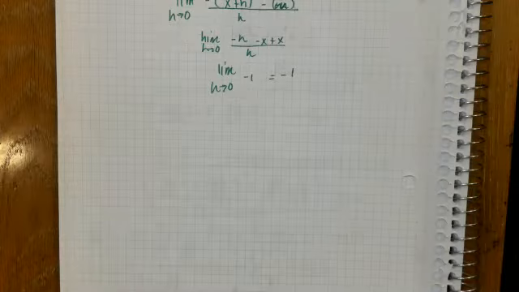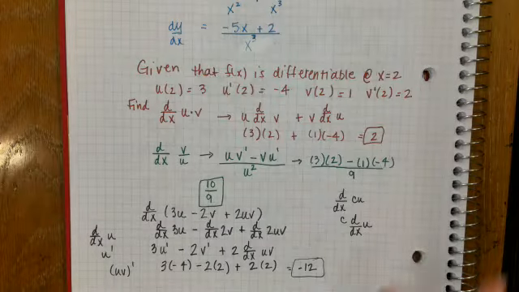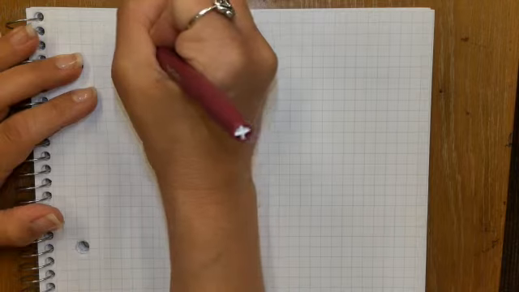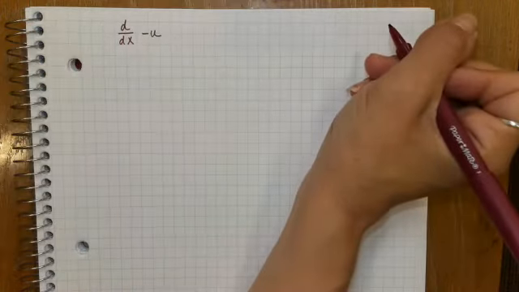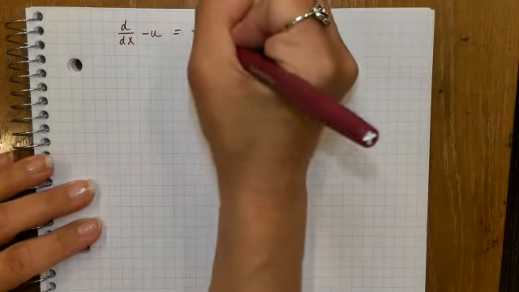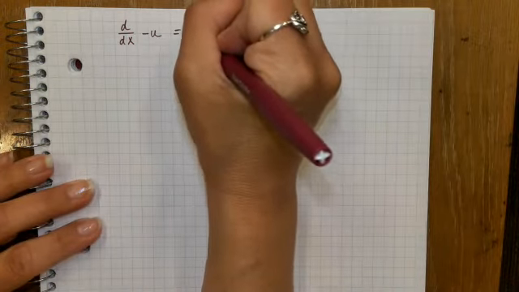How about, let's prove, oh, sorry, just kidding. That the derivative with respect to x of -u is equal to negative du dx.